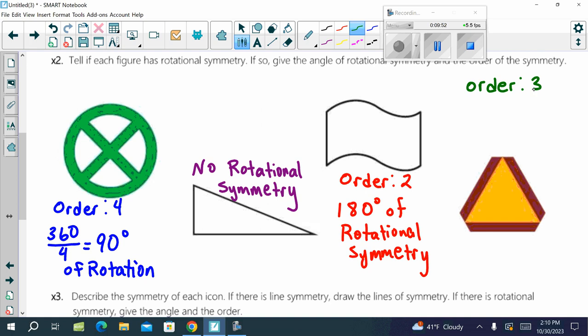So how many degrees of rotational symmetry does it have? 120, good. Any questions there?